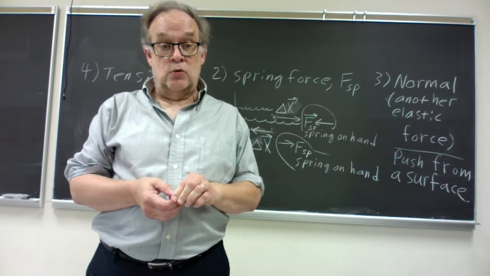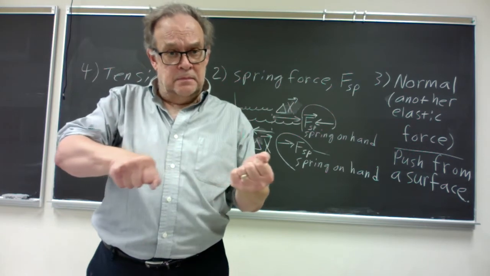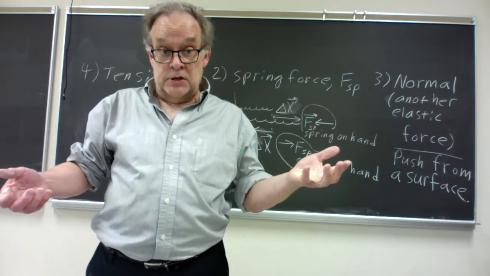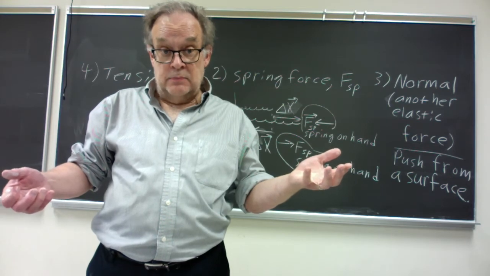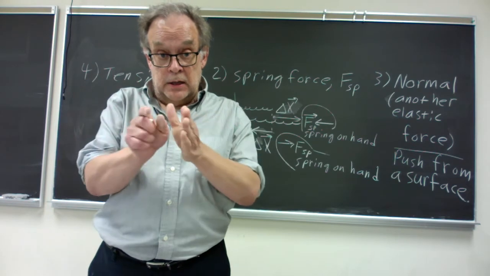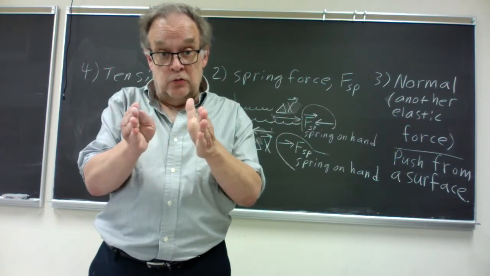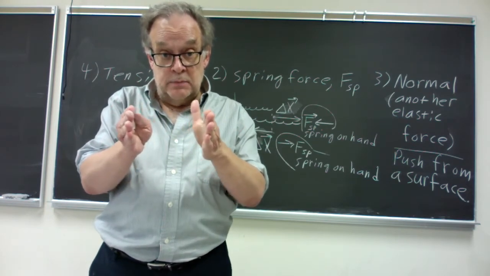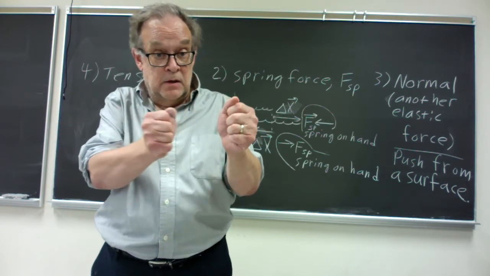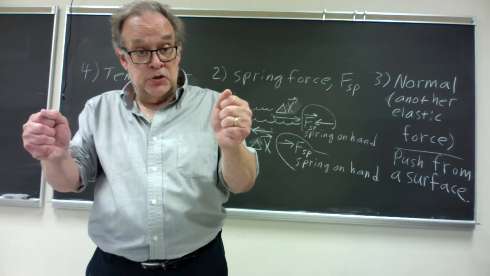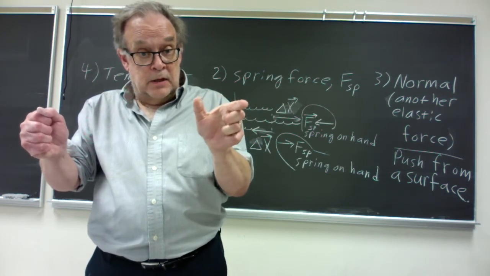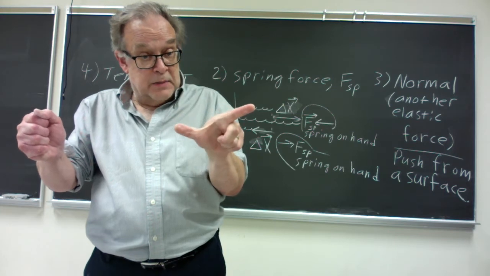And when that rope or muscle is pulled, again, that rope or that muscle is an elastic object. When you pull the rope, the molecules in the rope are now pulled a little farther apart than they really want to be, so they're going to try to snap back to their original shorter length. You pull on the rope this way, and the molecules in the rope are now spaced too far apart.